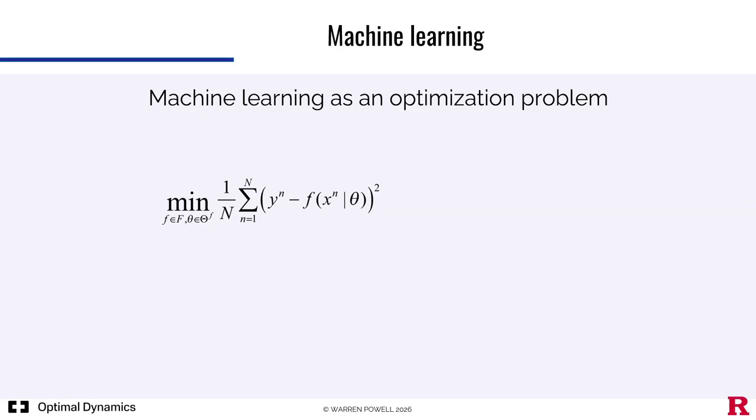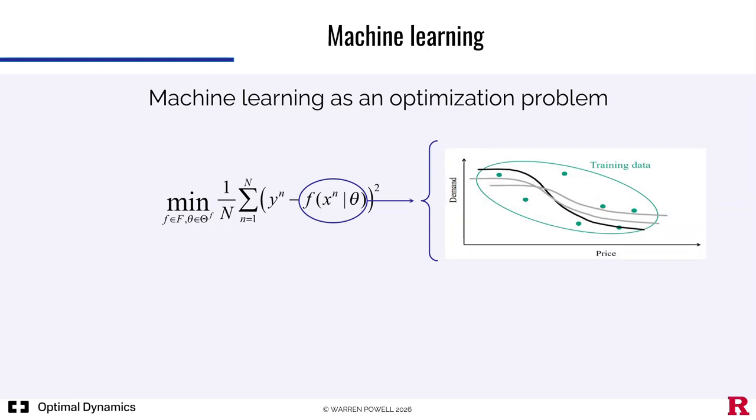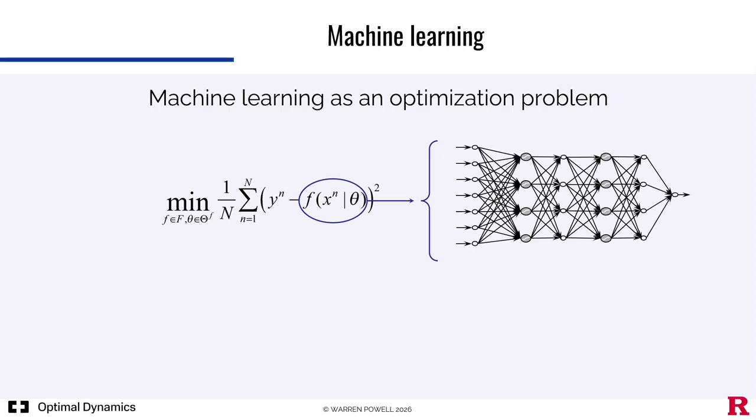Now, machine learning is itself an optimization problem. We want to come up with a function. So the function, maybe we want to estimate demand as a function of price. And the function, I might suggest a linear model. Now, somebody else might come in and say, oh, no, you can't do a linear model. You're going to have to do some sort of an S-curve. And today, invariably, somebody's going to come in and say, you have to use a neural network.